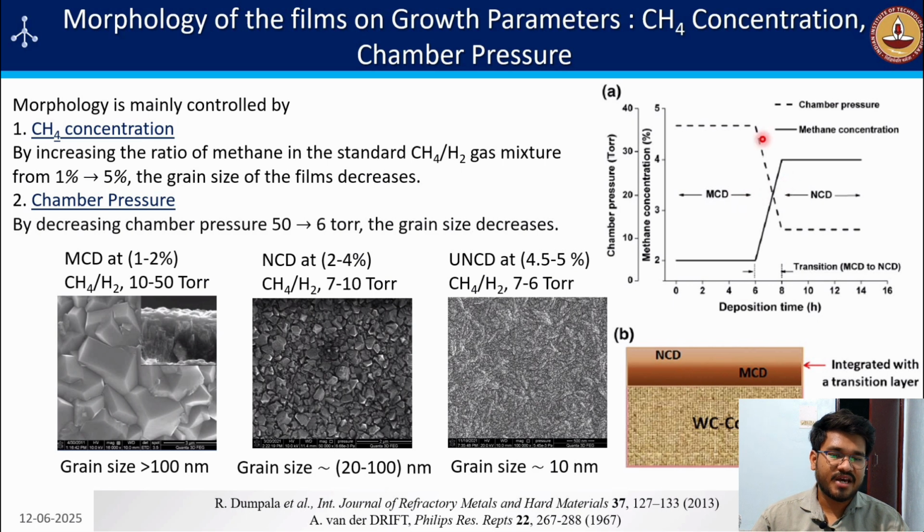That is what is being shown here. You can see the methane concentration is 4% and the chamber pressure is close to 30 torr, then you can see the chamber pressure is dropping and the methane concentration is increasing. Then you can have a transition from microcrystalline diamond to nanocrystalline diamond. So this is integrated with a transition layer.